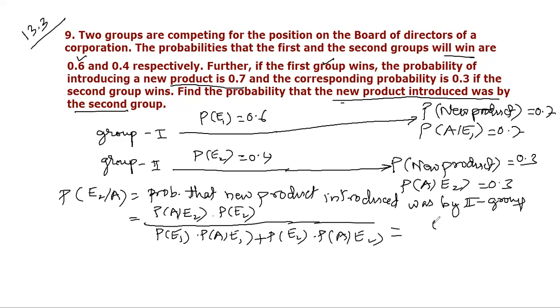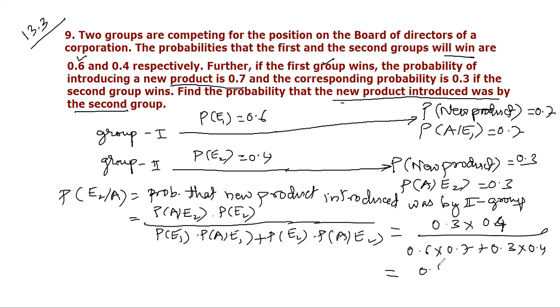Substitute the values: 0.3 into 0.4, divided by 0.6 into 0.7 plus 0.3 into 0.4.